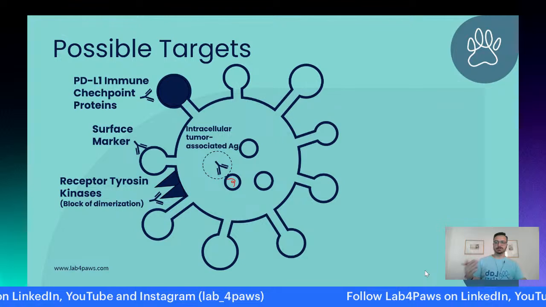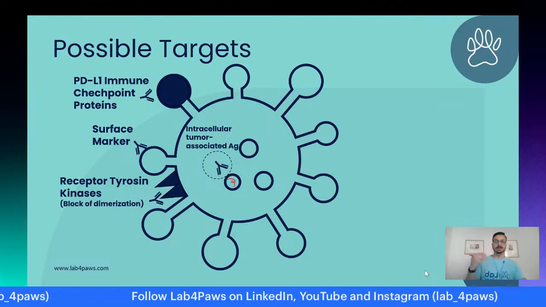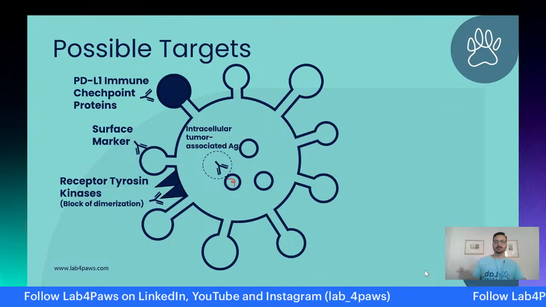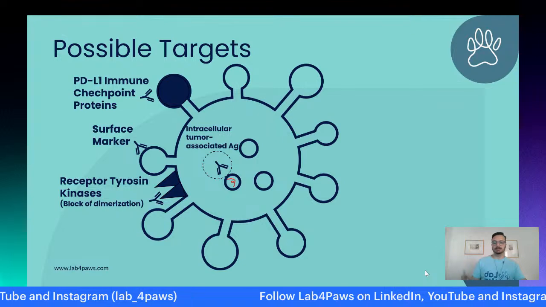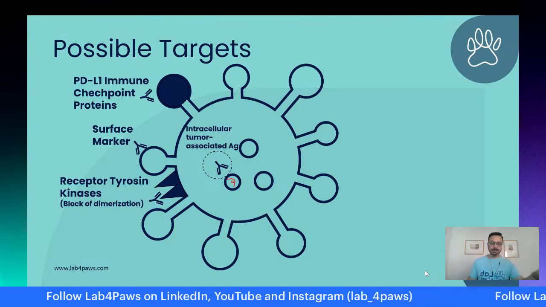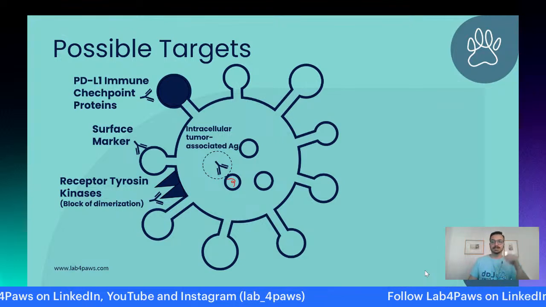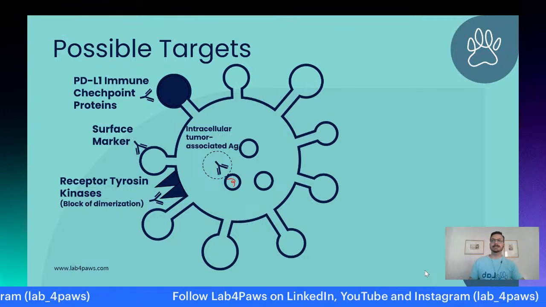Then we have all sorts of intracellular tumor-associated antigens, and here we have oncofetal proteins, we have novel targets really specific for a particular tumor type. Sometimes there are also targets that would normally be expressed in other tissues, but are expressed on this tumor type, and so they're recognized as antigens.